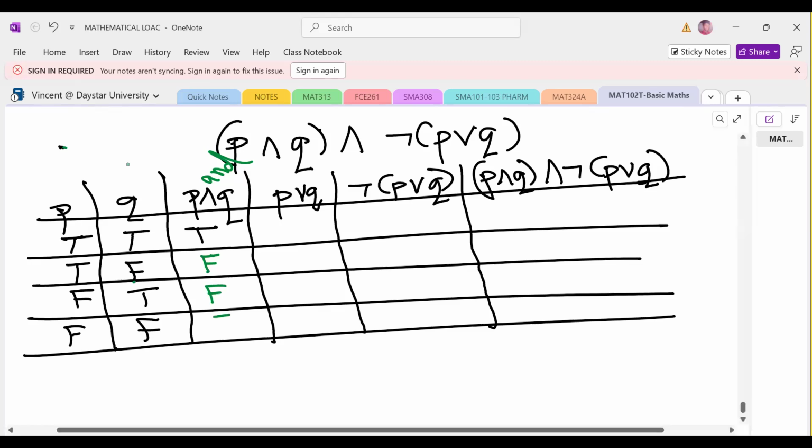Now that one is done. So which operation is in column 4? Or. Yes, this is disjunction, or. So true or true gives true, correct.